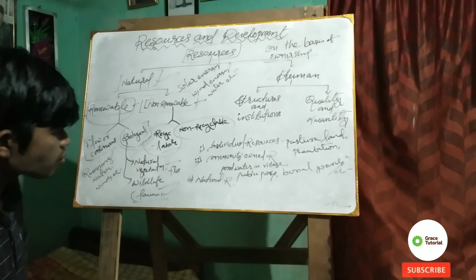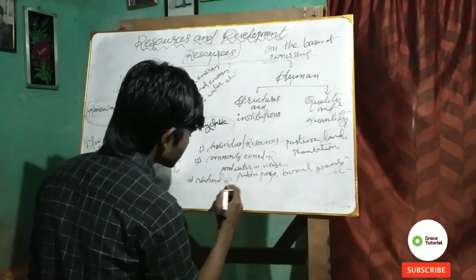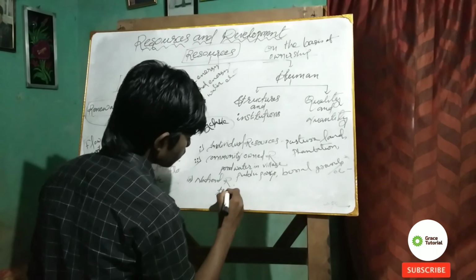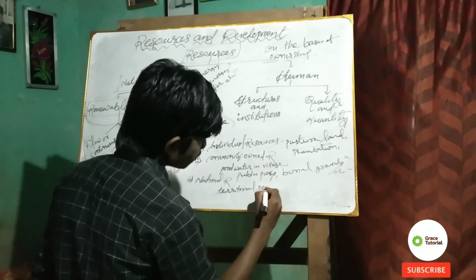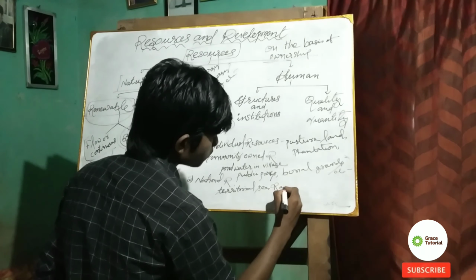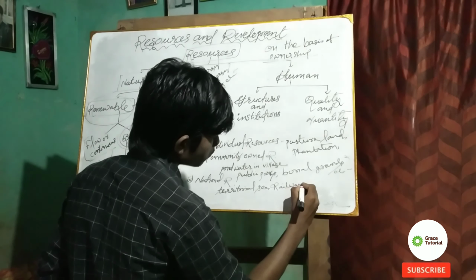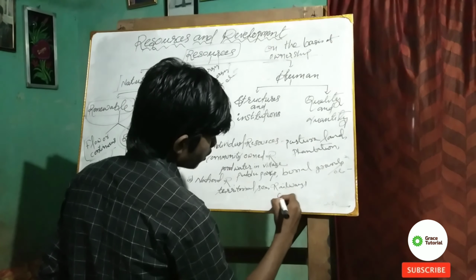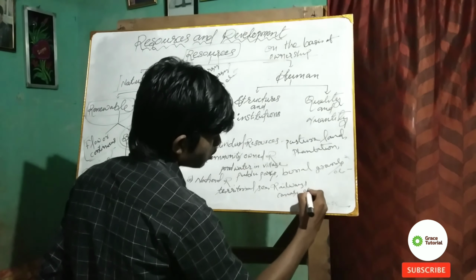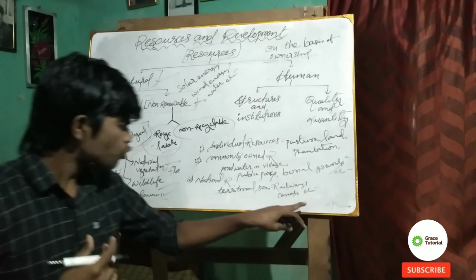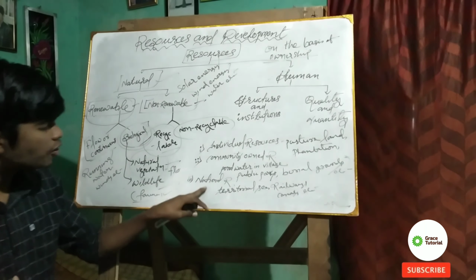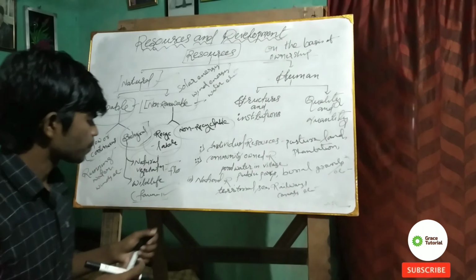For example, we have territorial sea, railways, canals, etc. These are the resources which come under the national resources.